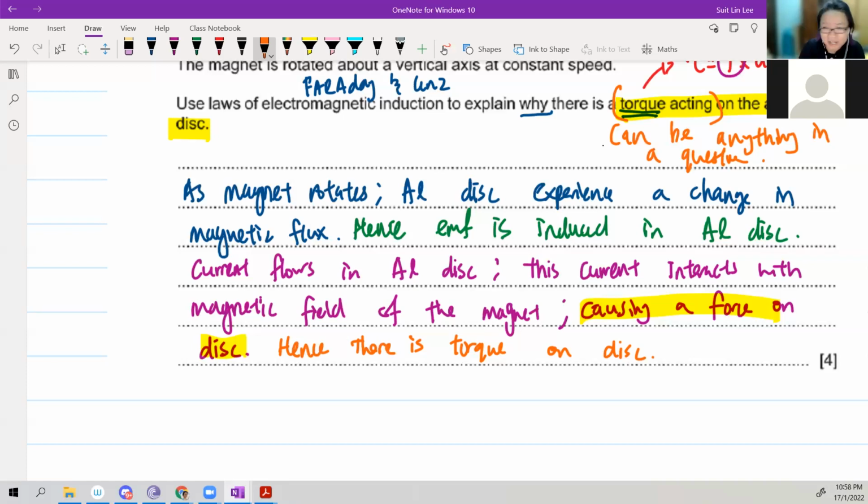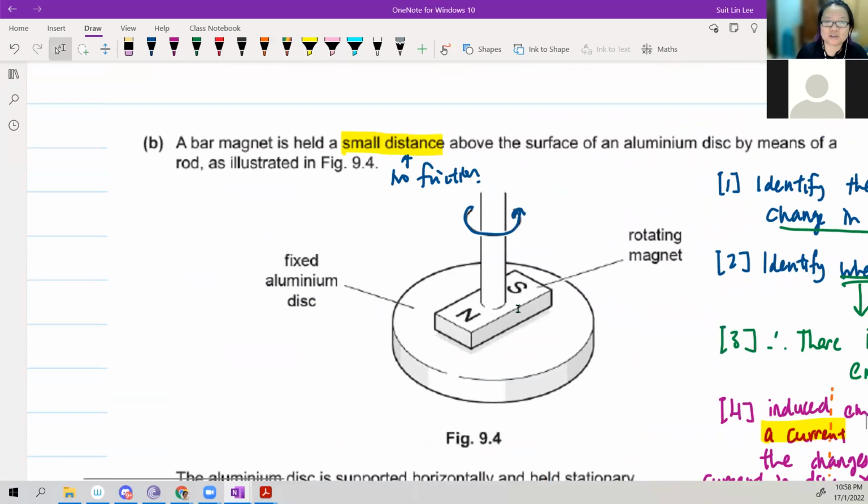But there's a normal brake that they normally use, which is this electromagnetic braking. The electromagnetic braking is as simple as I either rotate a magnet, or even better, this magnet is always rotating, because why? It's a wheel, right? So the wheel is always rotating. But I just need to replace this with a coil.